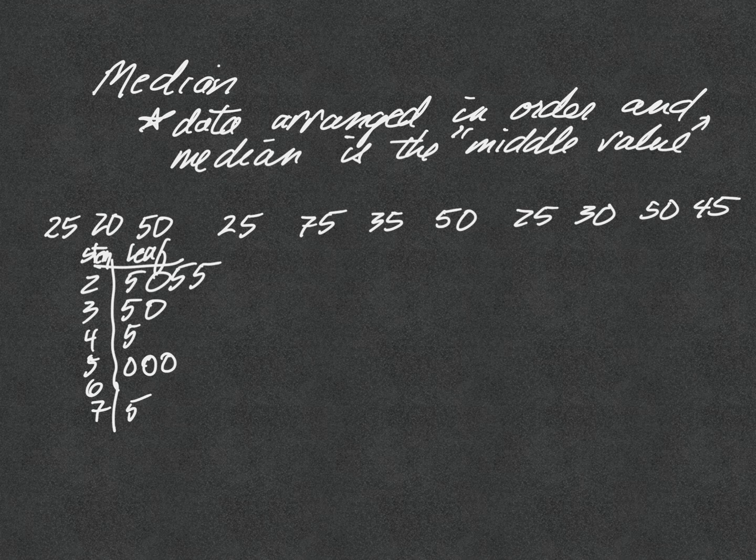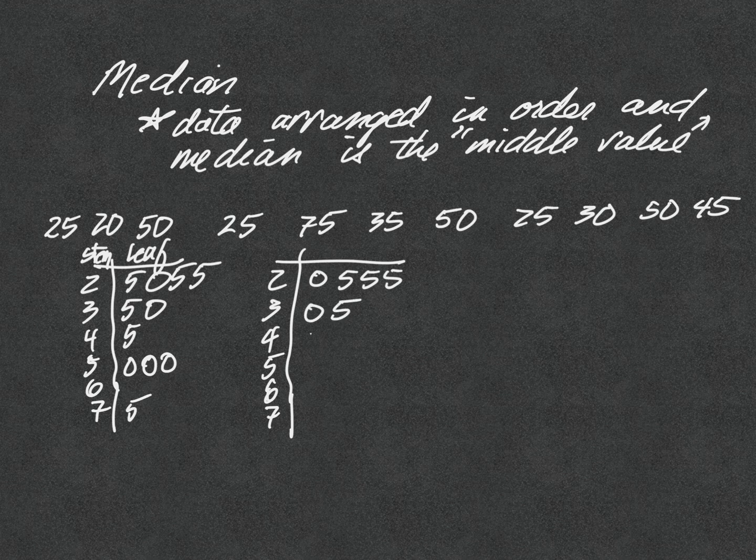Now, the data is not quite in order, but I can order it up really quickly. And this is sort of the beauty of using a stem and leaf to get data in order. I can go 0, 5, 5, 5, 0, 5, 5, 0, 0, 0, and then 75.